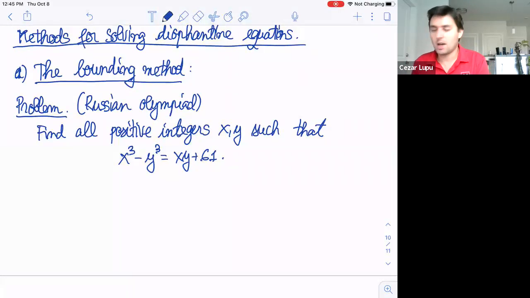Well, when you see this kind of equation, try to think of some rudimentary methods, like try to think as simply as possible. What would you do in this case when you look at it? Does this ring a bell to you?